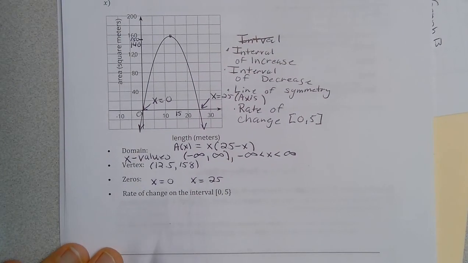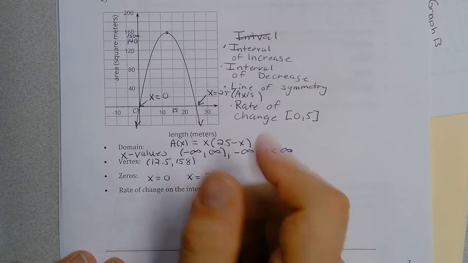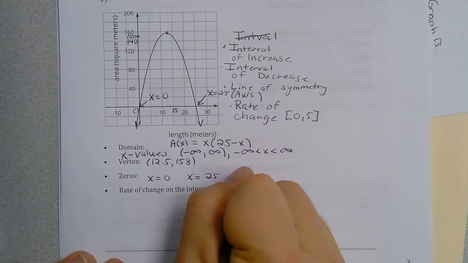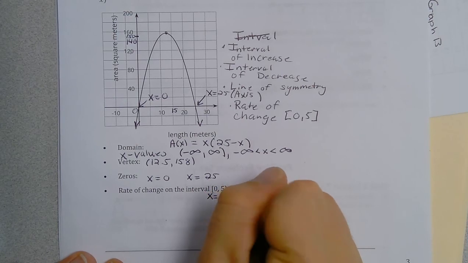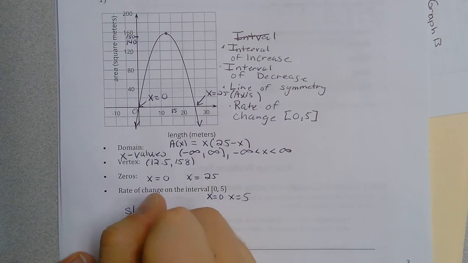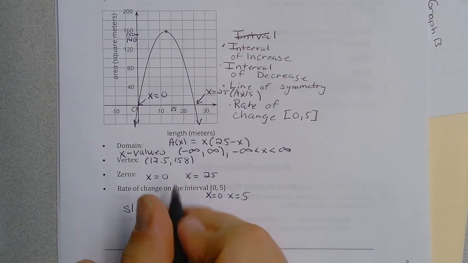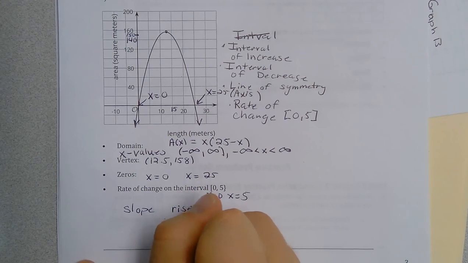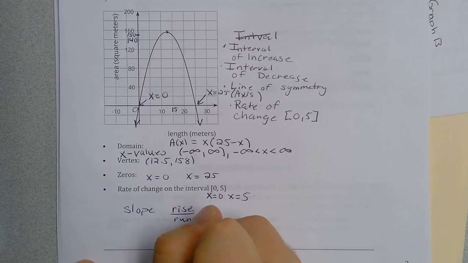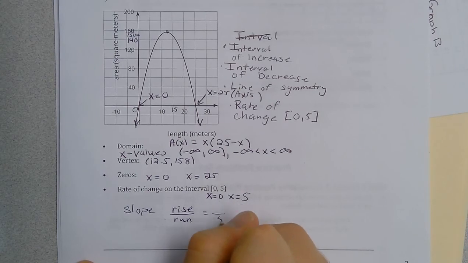And then my rate of change on the interval from 0 to 5, that just means if x equals 0 to x equals 5, how much did my value change? It's just a fancy word for slope. So slope again, we can just change that to rise over run. If I went from 0 to 5, I know that my run was 5.